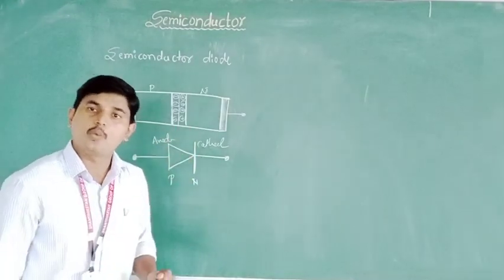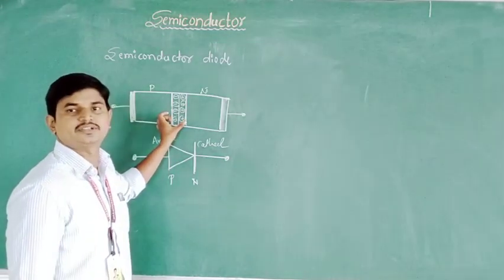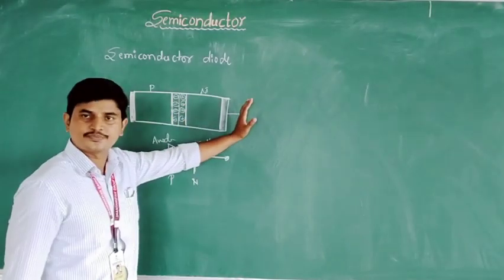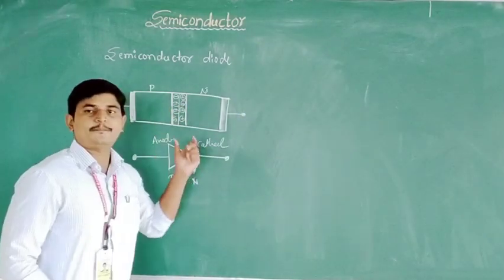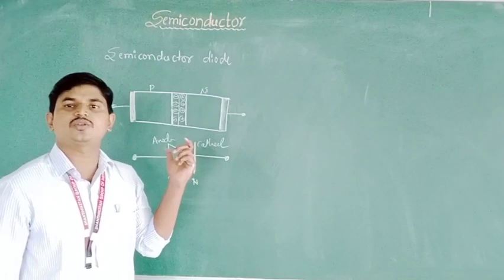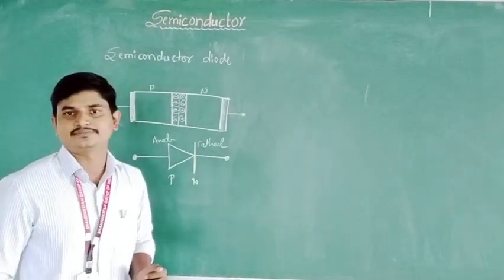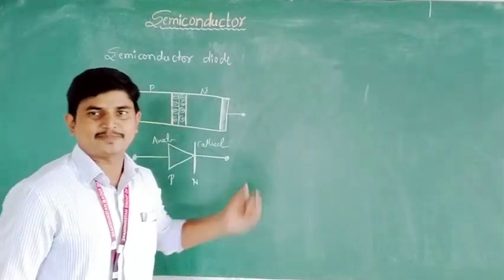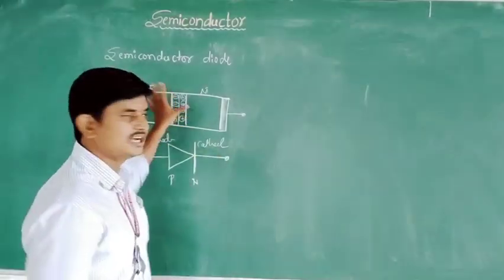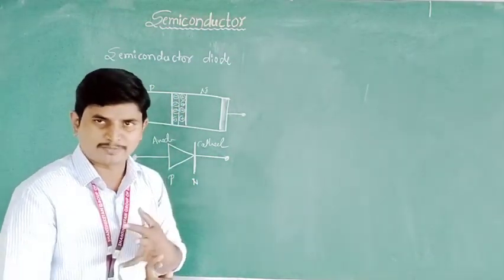This potential barrier can be altered by applying an external voltage. How? We can explain on the basis of two cases: one is the PN junction under forward bias, the other is the PN junction under reverse bias.